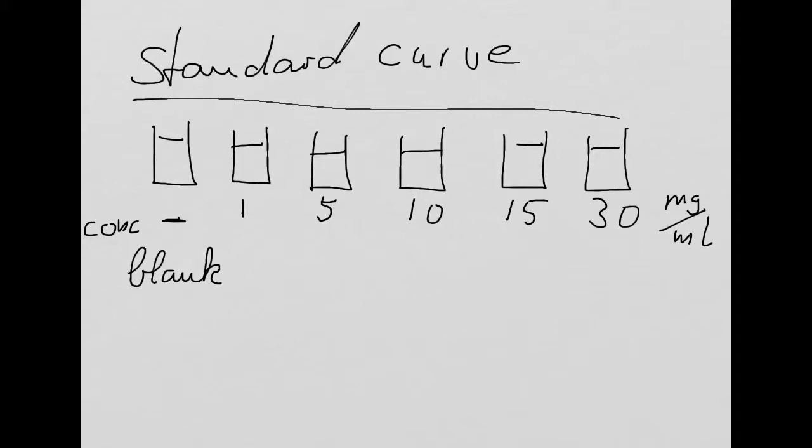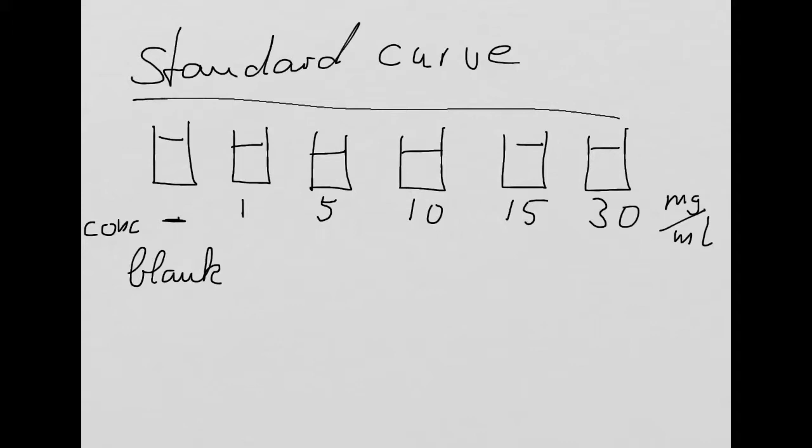And all you need to do now is measure your absorbance for each of these, with one exception. You don't measure the absorbance for the blank. What do you do with the blank? You calibrate the spectrophotometer. You put the blank into the spectrophotometer and say, this should be my 0.